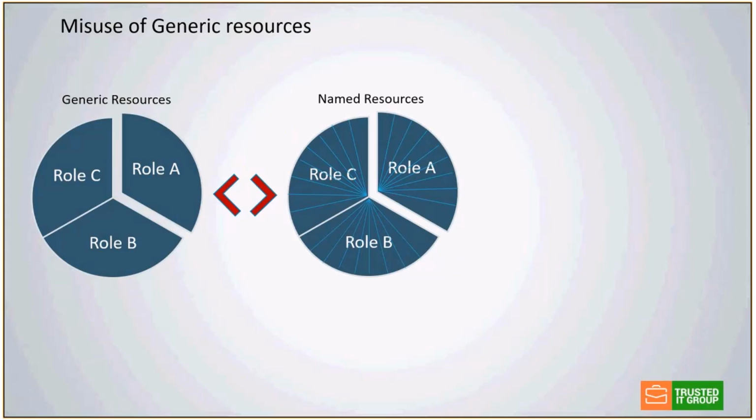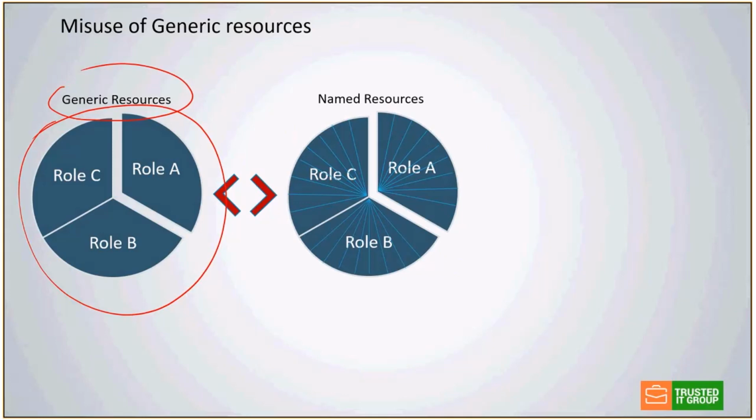Misuse of generic resources, and here's the very simple concept. So we have this bucket of generic resources. All the generic resources, we have different resources: project manager generic resource, resource manager generic resource, and things like that, right?